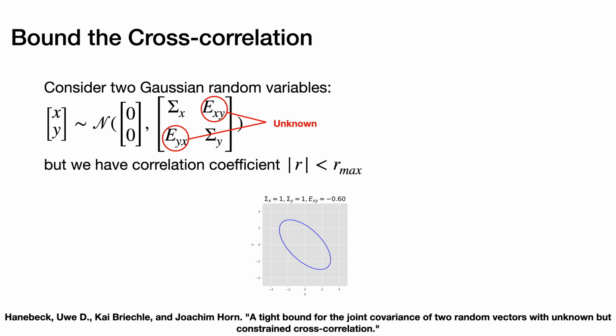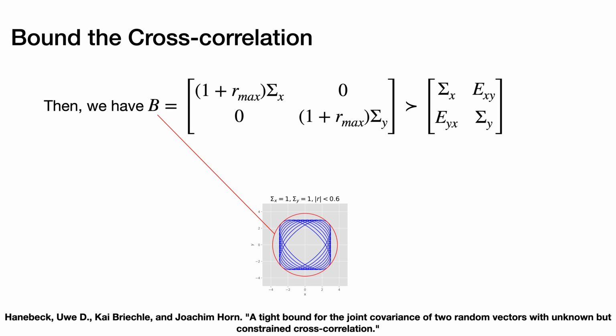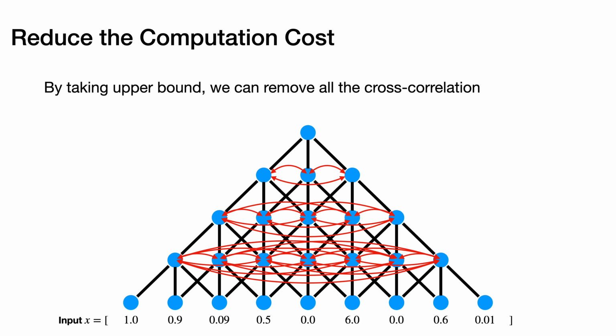As shown here, when E varies, the probability ellipse changes. We will need to bound all these ellipses. By choosing the distribution to have covariance B shown here, we can bound all the ellipses using this new red ellipse. Using this method, we can remove all the cross-correlation matrices in the network, as long as we can estimate the r max.